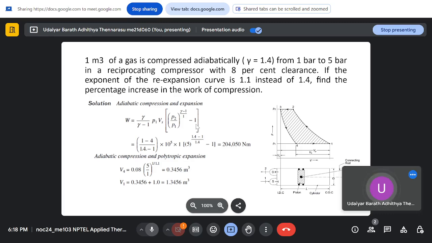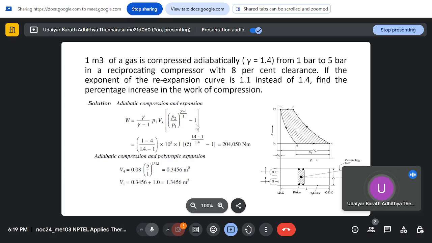So the first one is: 1 meter cube of a gas is compressed adiabatically, for which gamma value is 1.4, from 1 bar to 5 bar in a reciprocating compressor with 8% clearance. If the exponent of the re-expansion curve is 1.1 instead of 1.4, find the percentage increase in the work of compression.